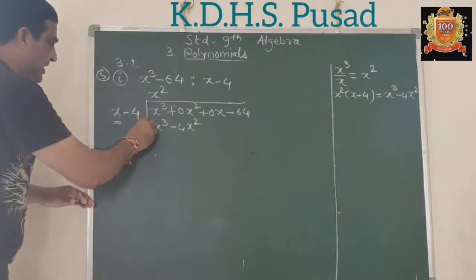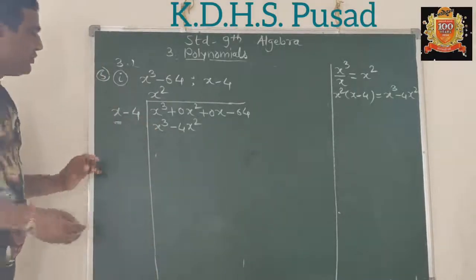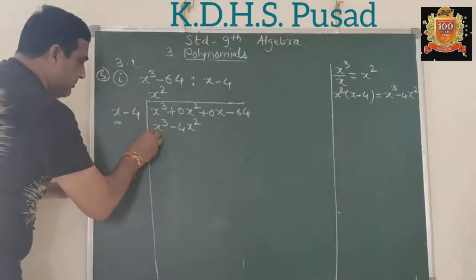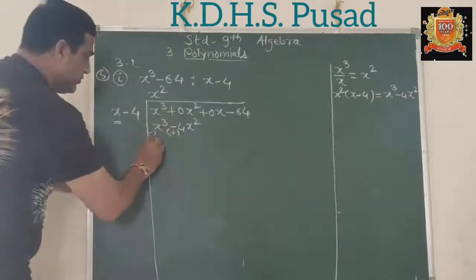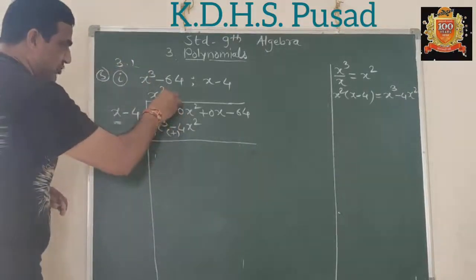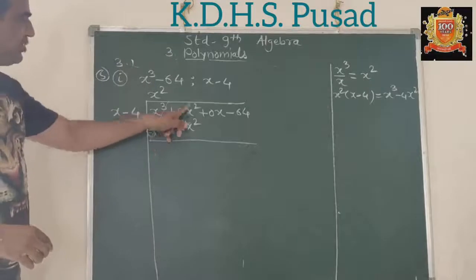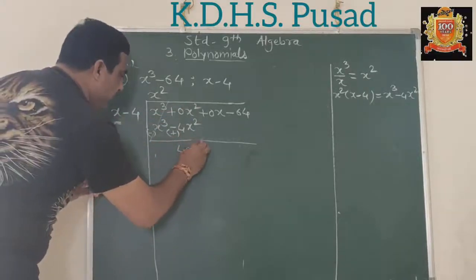While performing division, you have to change signs. So plus becomes minus, minus becomes plus. Then x cube minus x cube gets cancelled, 0x square plus 4x square, there remains only 4x square.